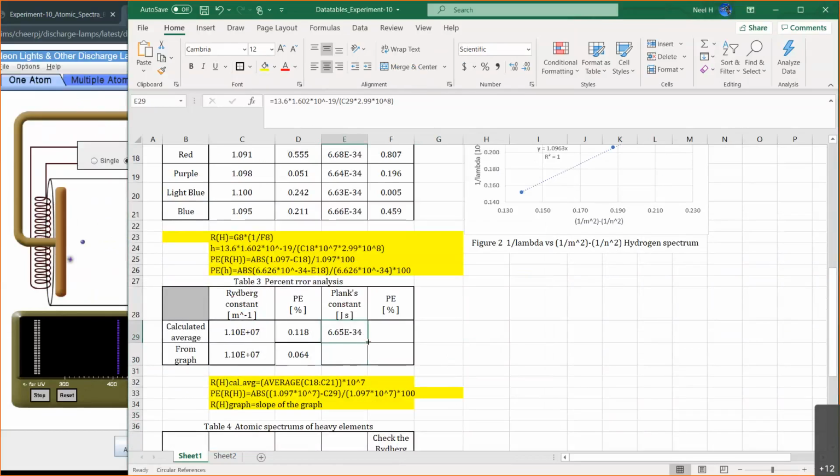And this one you can click and drag, that will do the calculation automatically. It's the same command which we used earlier, but let me add that also into here. So this will be Planck constant H from RH calculated average. Okay. R cal AVG.